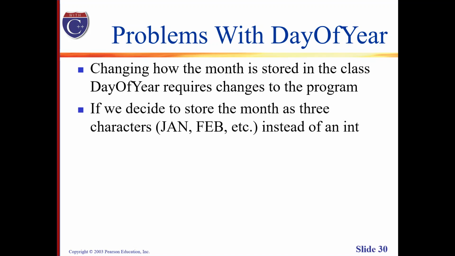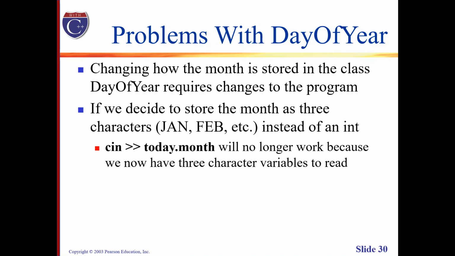Talking about our example a while ago, we have a little problem with the class that we declared. For example, changing how the month is stored in the class DayOfYear requires changes to the program. For example, if we decide to store the month as 3 characters instead of an int, then the following call to this member variable will no longer work.